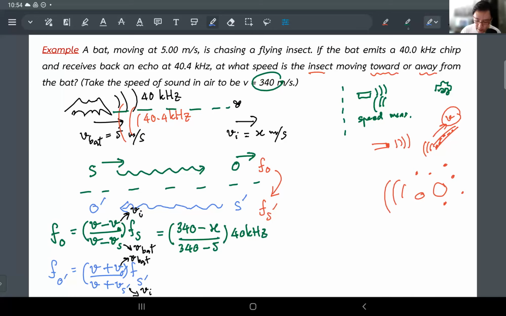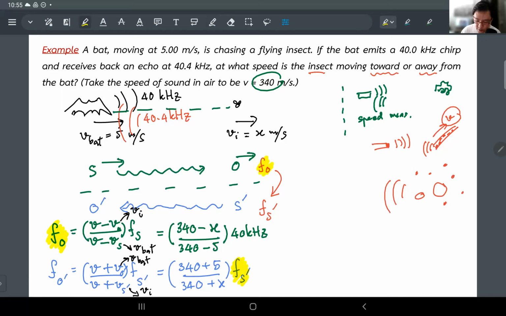Almost done. All right, let me write down the numbers. 340 plus the speed of the bat, which is 5. Down here, 340 plus the speed of the insect, X, and f source prime. But we have already agreed that the frequency that we're going to use for the source in the second half comes from the observed frequency from the first half of the calculation. So I'm just going to grab this f sub O from the first half of the calculation and use it here.